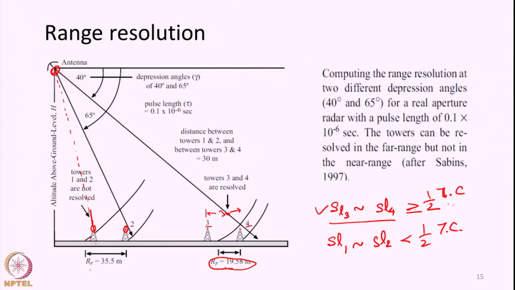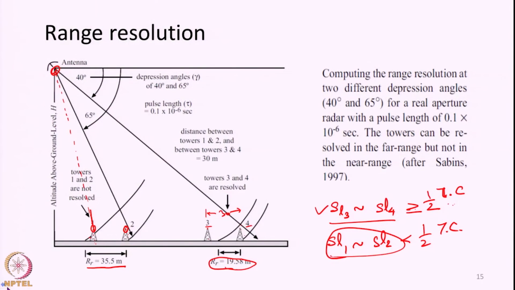But in the near range, if these two objects are separated by a horizontal distance of close to 36 meters, then only they will satisfy this criterion. What I mean is, two objects differing in distance by half of the pulse length along the slant range will be imaged separately, but to satisfy that criterion, the actual horizontal distance between them should be really far apart.